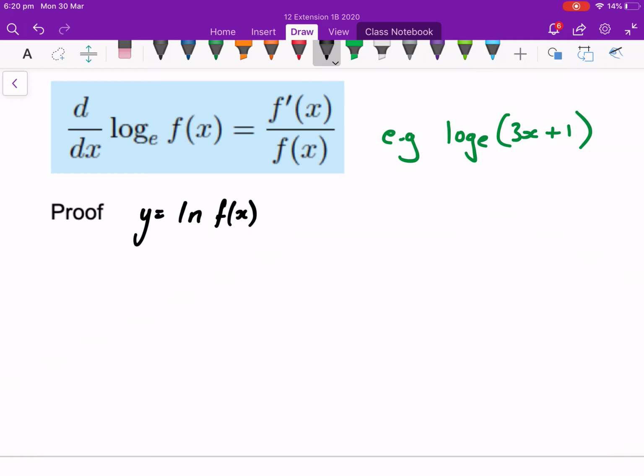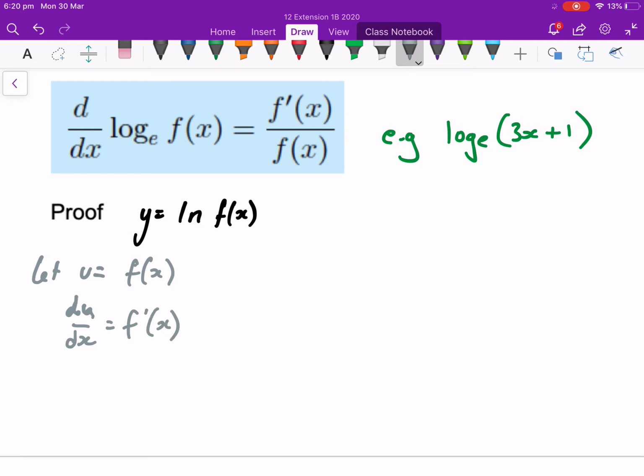And what we're going to do here is let u equal f of x. Therefore, when we differentiate that, rather than using u dash, which we normally associate with the product rule, we'll call this du on dx equals f dash of x.